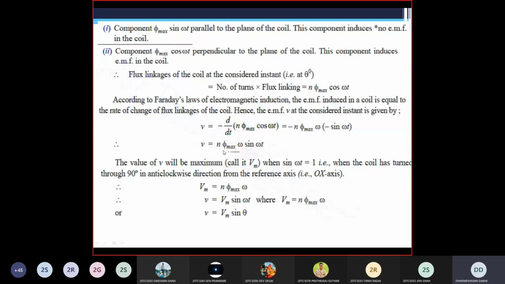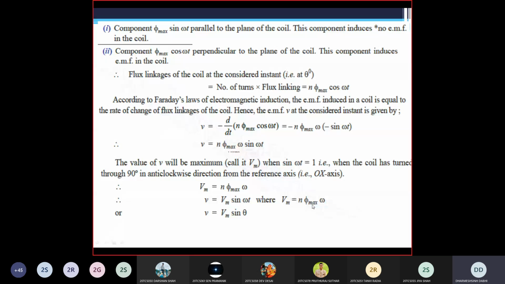So if you replace this N phi max omega in this equation by Vm, because this is the maximum value of voltage, the final equation of induced voltage at angle theta becomes small v equal to capital Vm into sine omega t.